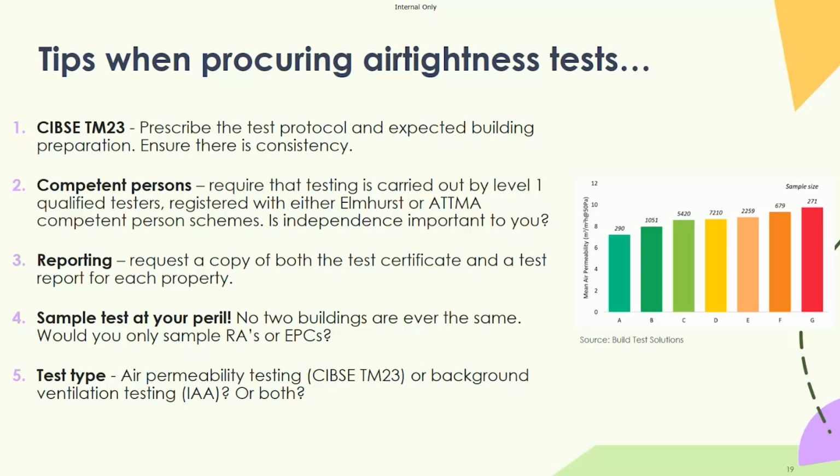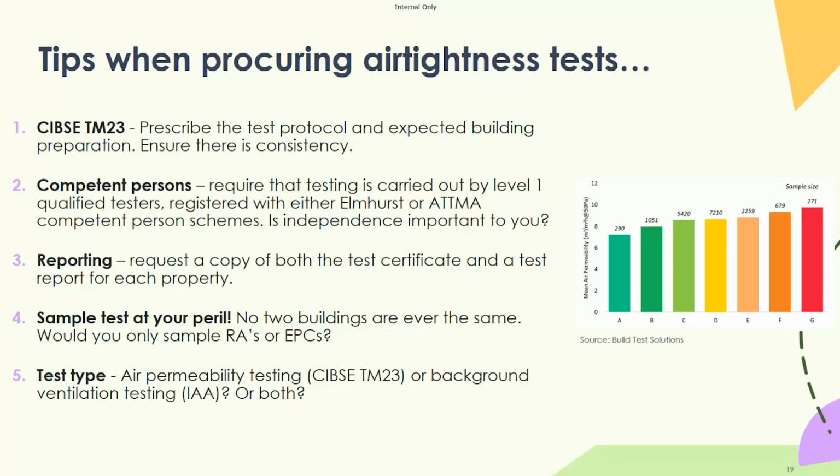Touched on it earlier, you want to be using competent persons, so require that testing is carried out by a level 1 qualified air tightness tester who is a member of either the Elmhurst or the ATMA air tightness testing competent person schemes. You may or may not deem independence to be important to you, so is the contractor doing the work the one also doing the testing, or is it something you want independent contractors to be doing?